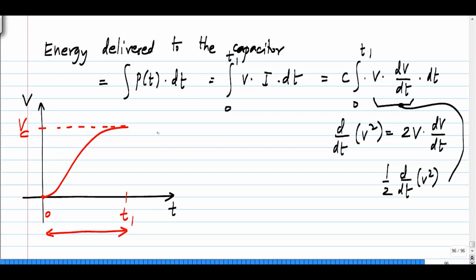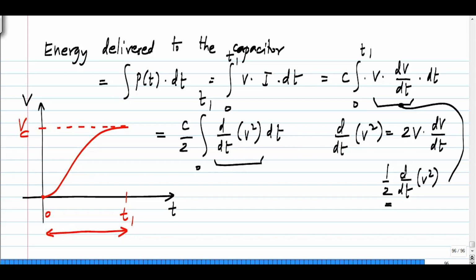So basically the energy delivered to the capacitor is nothing but C divided by 2 times the time integral of the time derivative of V square. We have the time derivative of V square and we integrate it with respect to time. So obviously we just get this function itself, V square, over the appropriate limits from 0 to t1. Which means that over a time interval 0 to t1, the voltage goes from 0 to Vc.